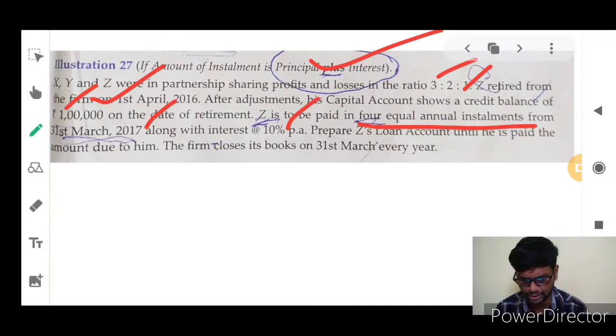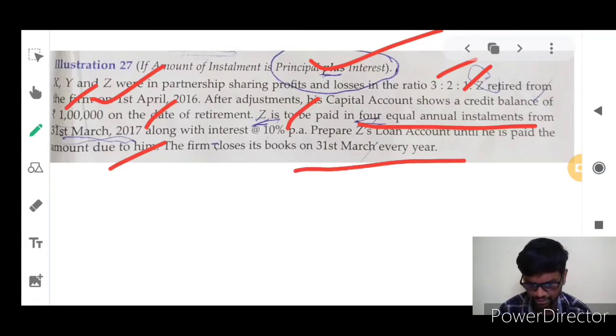Prepare Z's loan account until he is paid the amount due to him. So they are asking us to prepare the particular partner's loan account until the entire money is paid to the retiring partner. The firm closes its books on 31st March every year, the accounting and financial year.